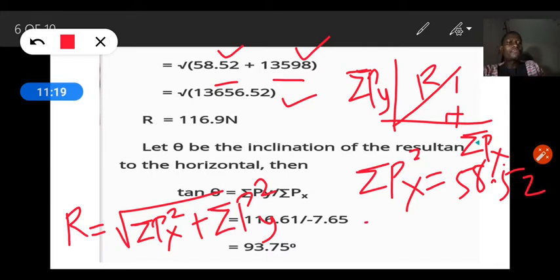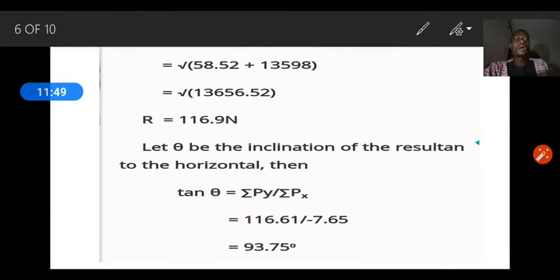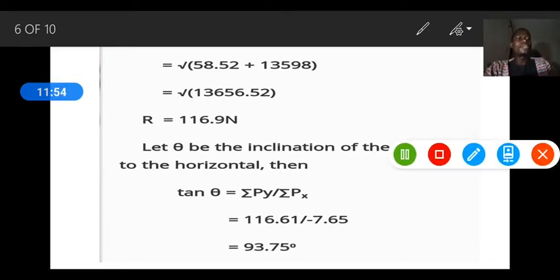Then after my summation Py is squared, that's when I have 13,598. So these two values I have here are a result of squaring summation Px and then summation Py. So of course, when you add, you have that value. Find the square root. You have what you have on the screen, 116.9.